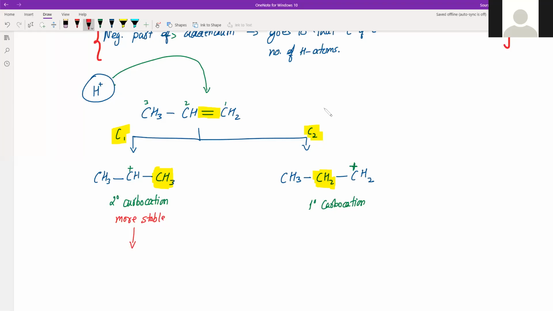Now you have Br negative. The Br negative is going to attach somewhere, so it will attach here in this, and in this case the same Br negative will attach here. Obviously this one is more stable, so this reaction will be fast and this reaction will be slow, and that's why this will give you the minor product.